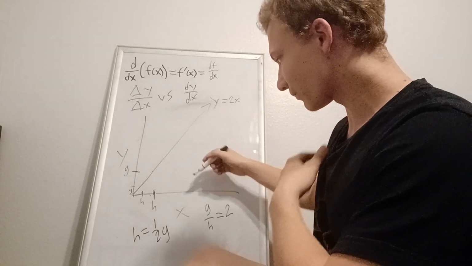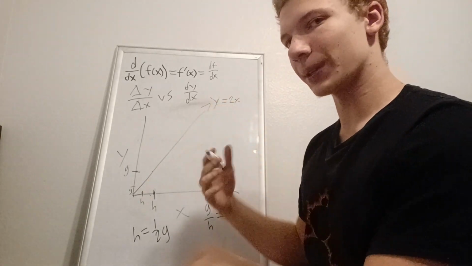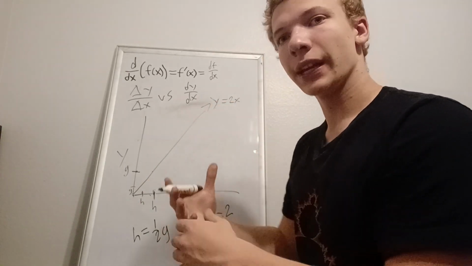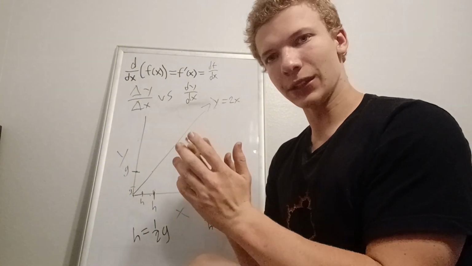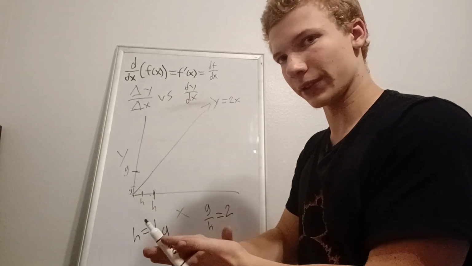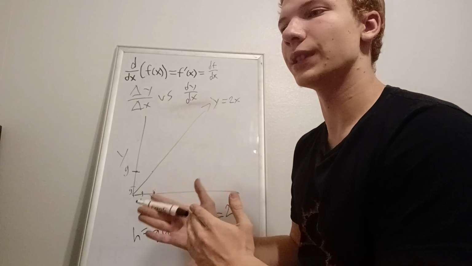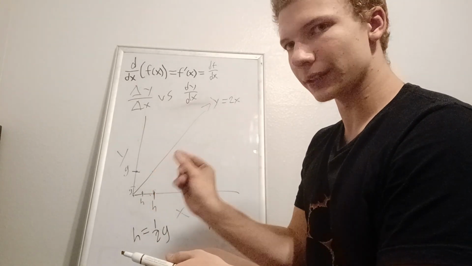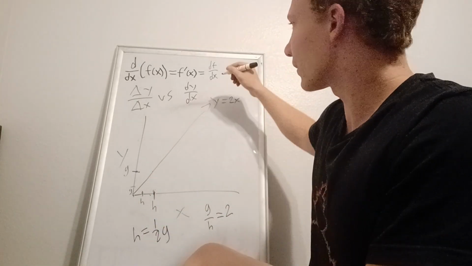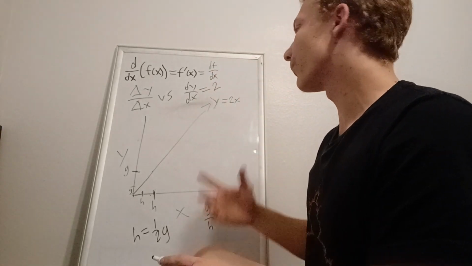So we see g over h will equal, in this case for the whole thing because it's linear, but specifically in the limiting case as we get h super close to 0 and g super close to 0, we'll get dy over dx, because again, dx is just a tiny little chunk of x, and the same thing for dy. So this is equal to 2 for our y equals 2x function.